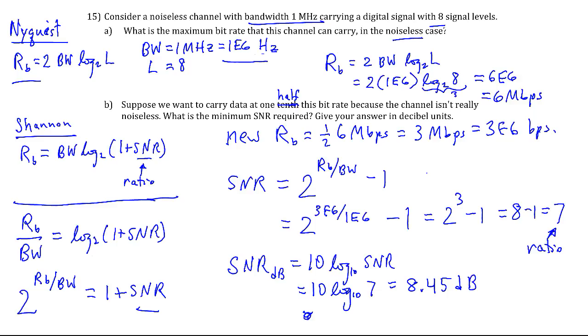This one's kind of tricky because you have to solve the Shannon equation for the signal to noise ratio here. Hopefully it's not too bad if you know the laws of exponents and logarithms.